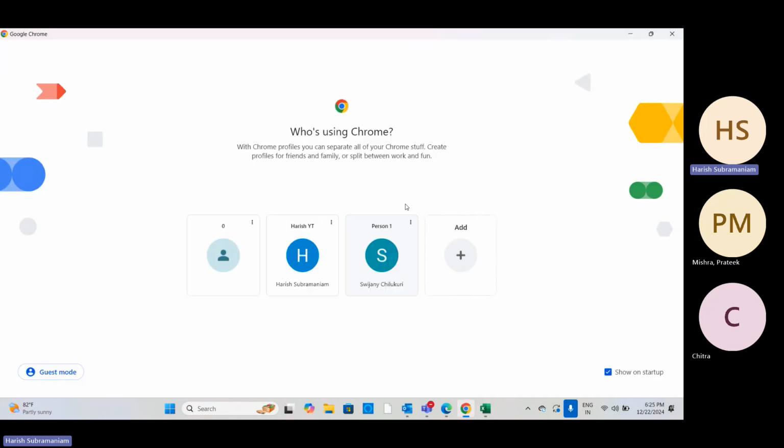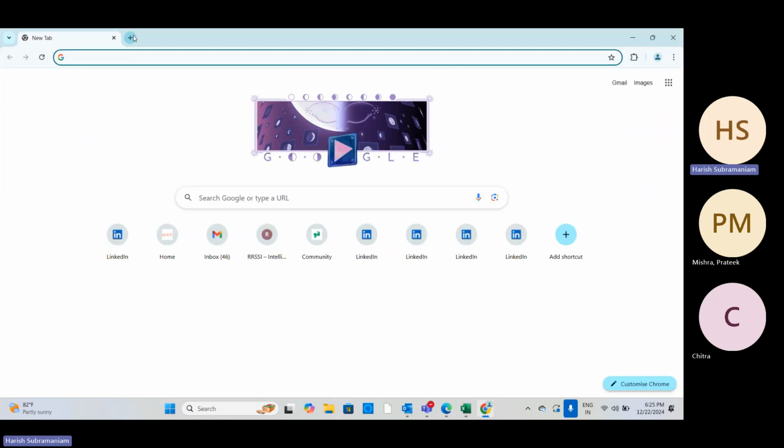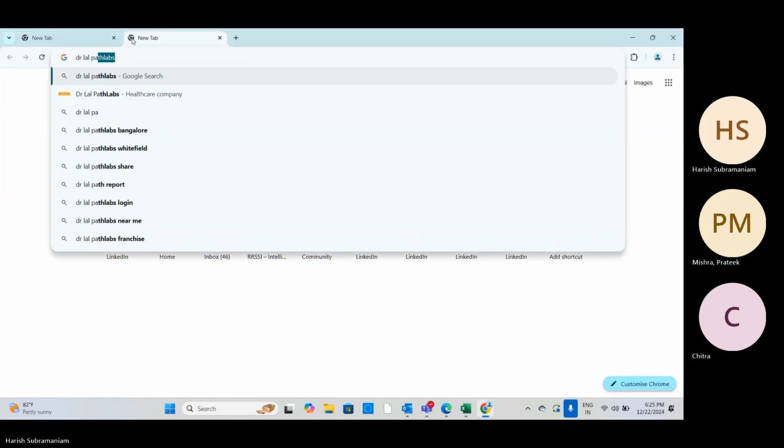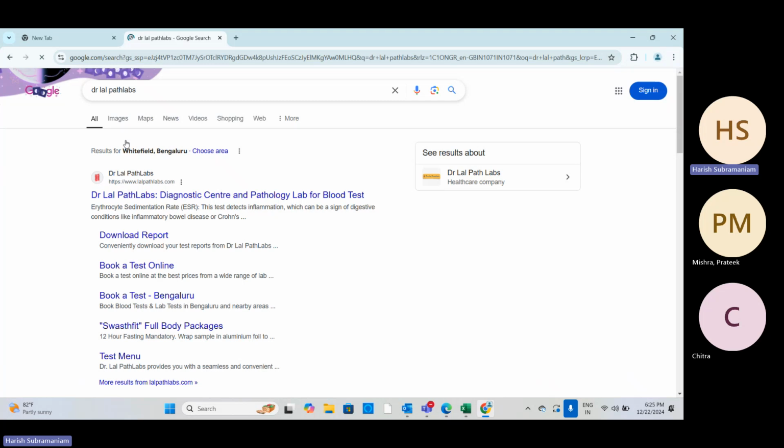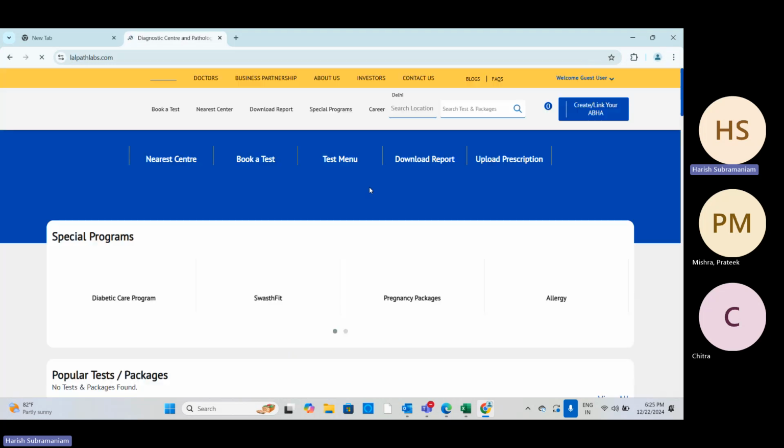So if we go to any actual organization, let's just take Lal PathLabs since we've been looking at it for so long.